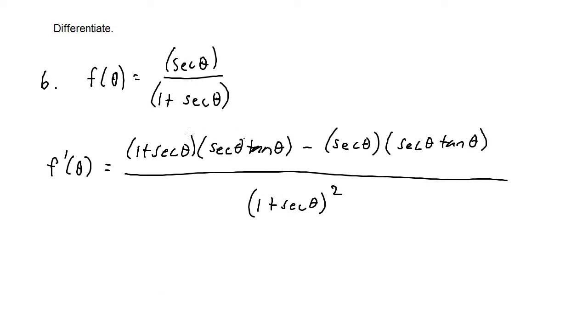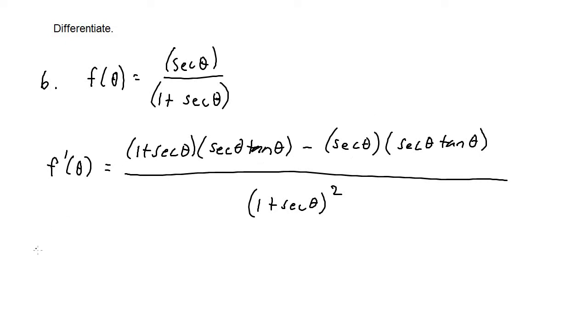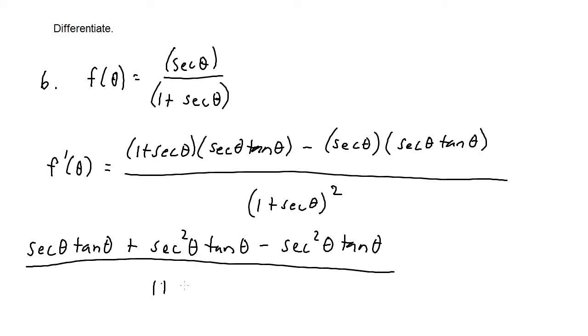Now to simplify, I'm just going to go ahead and distribute the parentheses, so then we'll get secant theta times tangent theta plus secant theta times secant theta tangent theta, which is secant squared of theta tangent theta. And then we have minus secant theta tangent theta times secant theta, that's going to be secant squared theta tangent theta, all over 1 plus secant of theta squared.